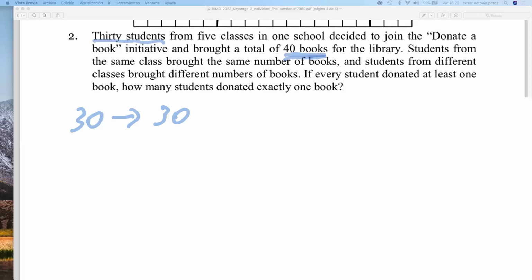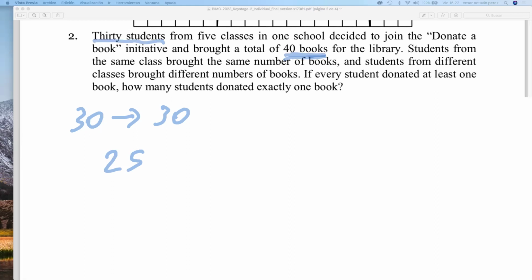25 students donated 1 book. Okay, 25, and then one donates. I found 25 or 26.